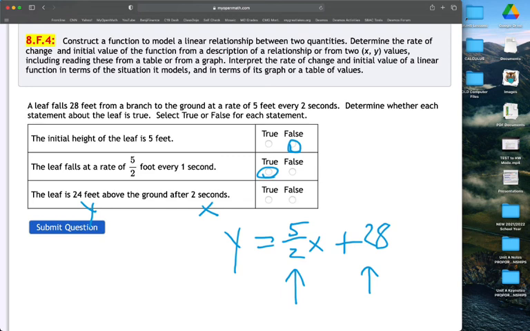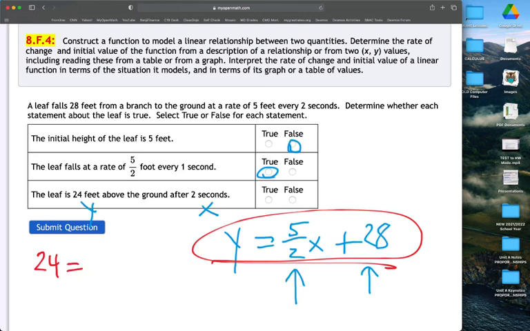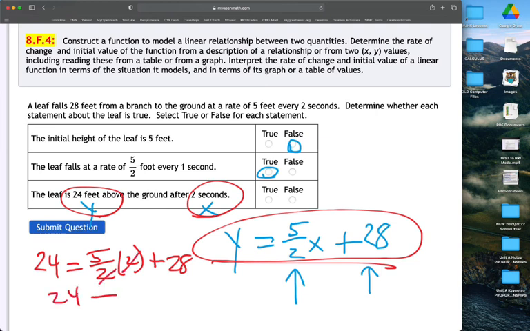In our function right here, we're going to replace y with 24 and x with 2, and see if that answer is true. Well, we can do a little bit of math here, and clearly 24 is not equal to 5 plus 28. So that one would be false.